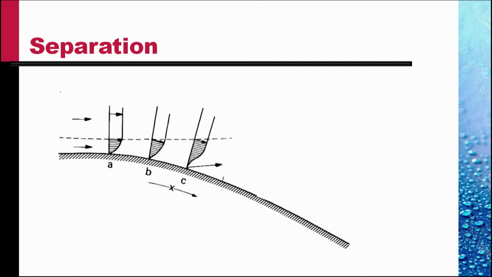Still later, the flow velocity near the surface has a 0 slope. du by dn tends to 0 at the surface.